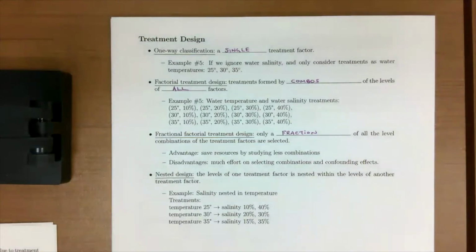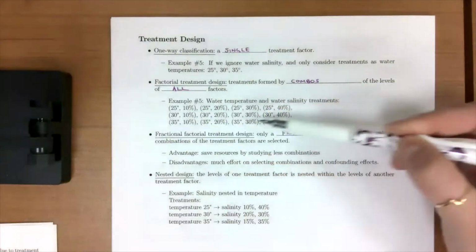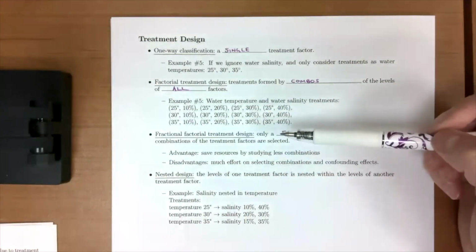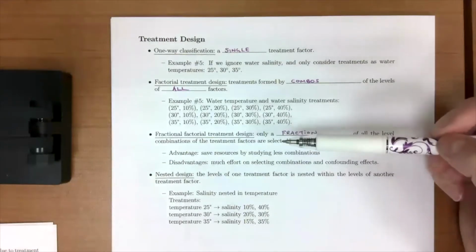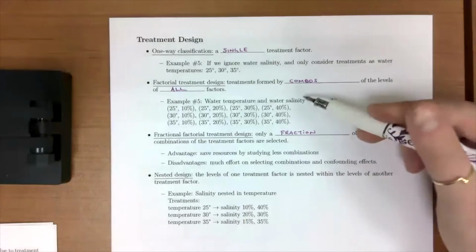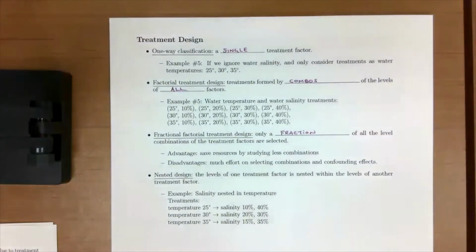That makes sense. But the harder part is, how do we choose from these 12 the ones that would give us the best or are helpful? And so if you did more studying on design of experiments, you would start to learn which ones will be optimal and stuff like that. So there is a lot of difficulty in choosing which ones, plus there are confounding effects.